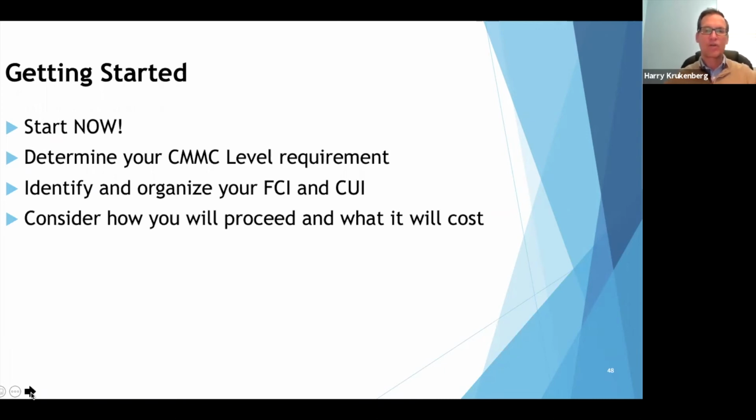That number will grow significantly over the next couple of years. And if you are seeking CMMC level 3 compliance or above, you're probably looking at a 12 to 18-month process to get all those practices in place and to be able to demonstrate true maturity.